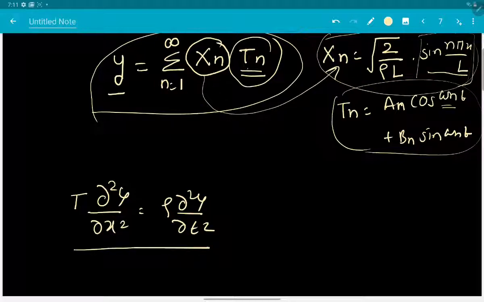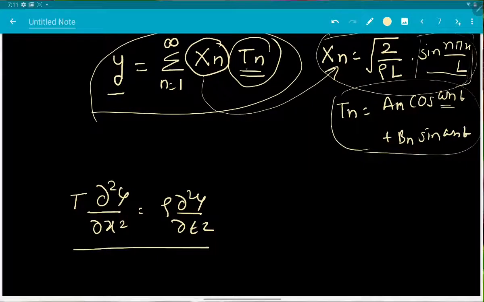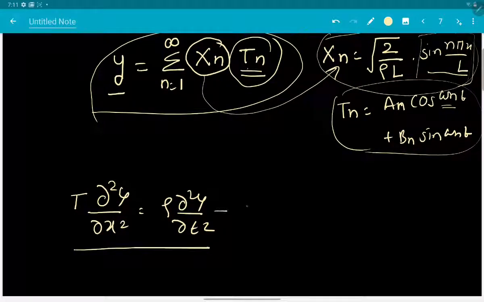However, when any force comes onto this, we'll take care of that force here. Okay, so you will be applying a certain force. That force again will be a function of x. You need to appreciate that the force is also a distributed force, distributed along x, and it will also vary in the time domain. So this force is varying along x, it is also varying along time, right?